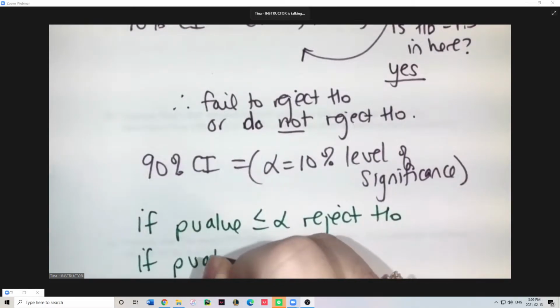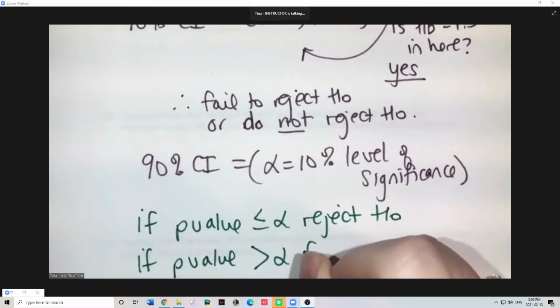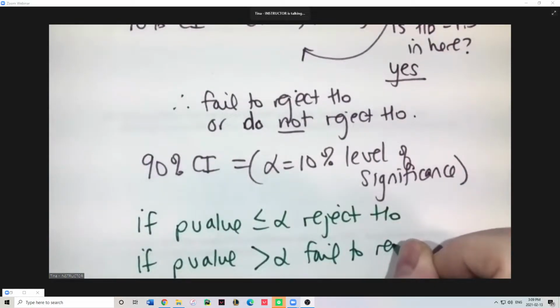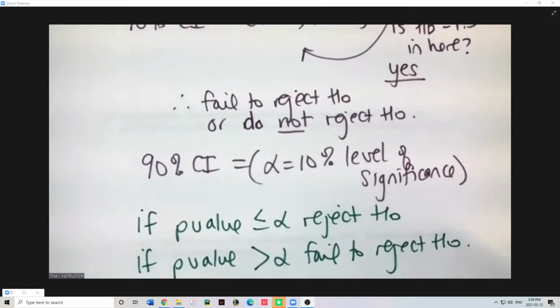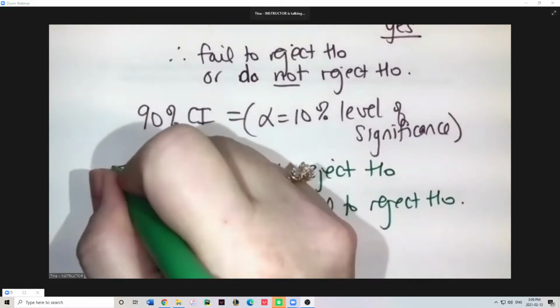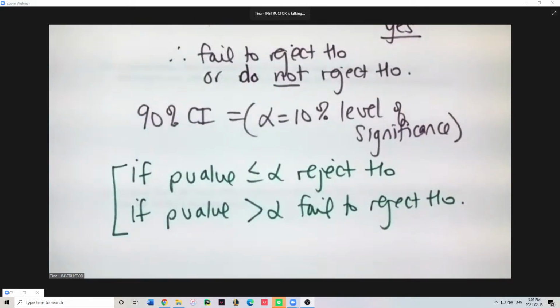If your p-value is greater than or equal to alpha, then we fail to reject H naught. So this you're going to have to memorize when we get to hypothesis testing, which will be shortly. For now, just write it down and you'll be going through what a p-value is shortly.